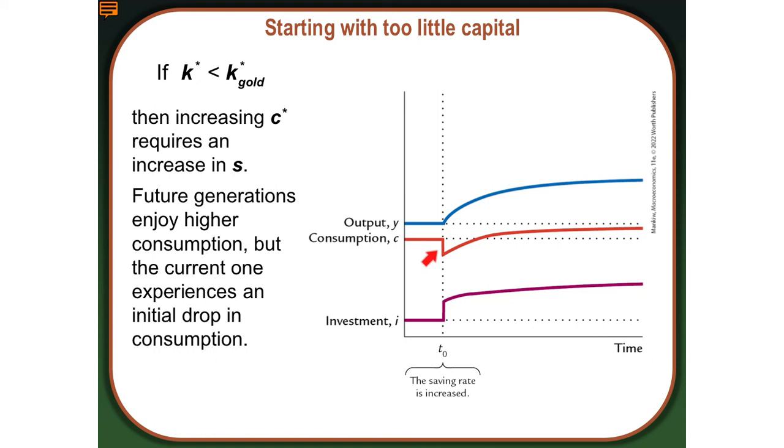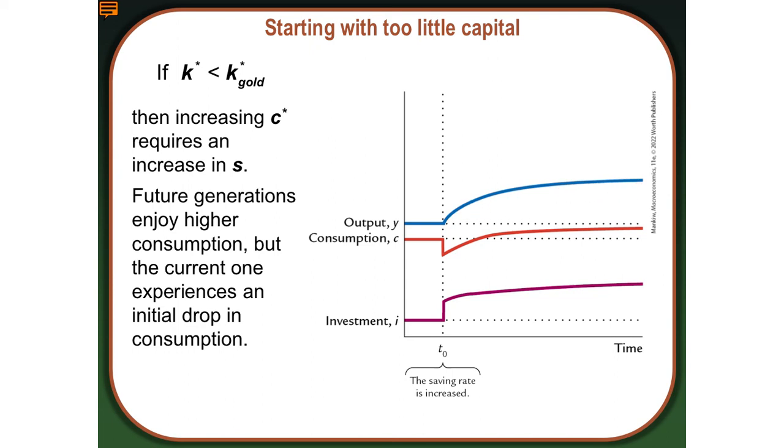So when that policy change goes into effect, consumption drops immediately. Since Y doesn't change immediately, we're just dividing up Y between C and I differently. I is going to increase by the same amount that C decreases. So consumption decreases initially, but that allows us to invest more. That higher level of investment leads to more capital, which pushes output higher and higher.